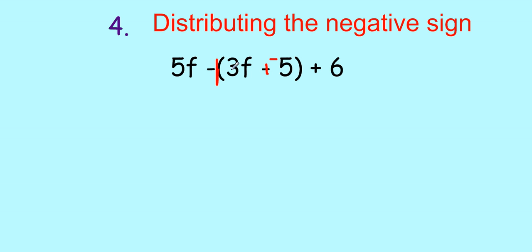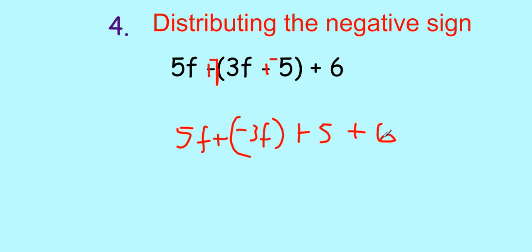So negative 1 times 5f, I got negative 5f, and I'm going to add the opposite, so it's going to be plus, and then I'm going to do negative 1 times 3f, which is going to give me negative 3f. Remember, it's just the opposite of whatever's in here. Plus, I have negative 5. Negative 5 times negative 1 is going to give me 5, plus 6.